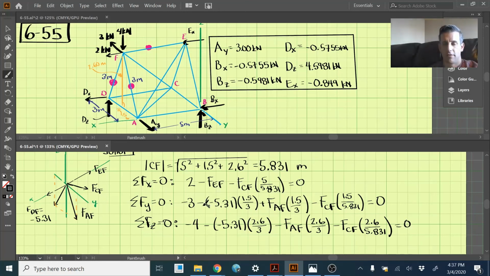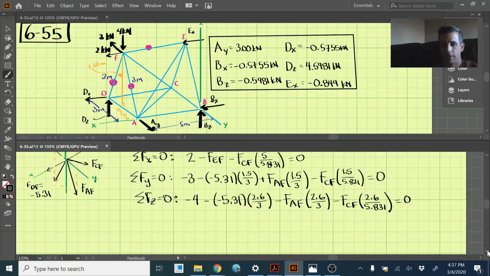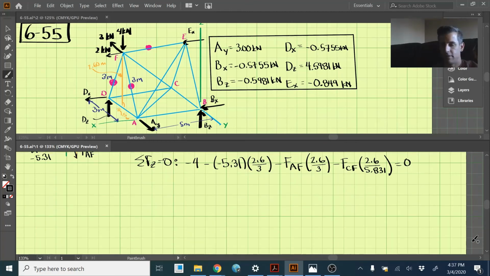So we have 3 equations here, and we have 3 unknowns, FAF, FCF, and FEF. This is then solvable. So simultaneously solving those equations, we went through all that trouble to find the components of FCF, but it comes out that FCF is a no load member, so it's 0.